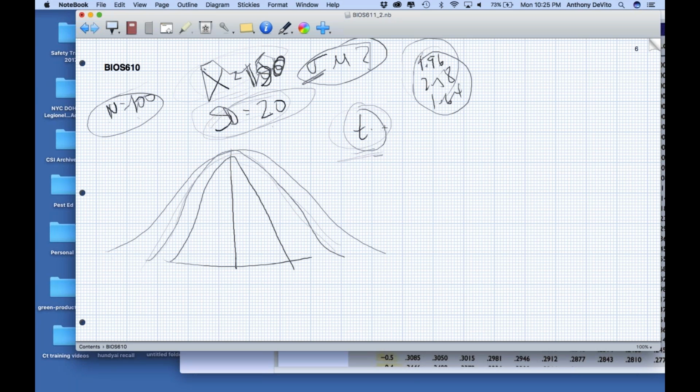When the t distribution represents the entire population or an infinite number of samples, then it actually matches the z distribution. Z and the t distribution are the same. Well, what does that mean?